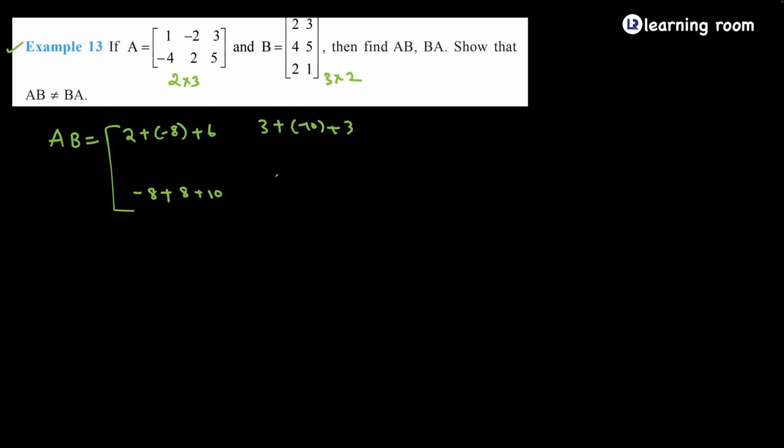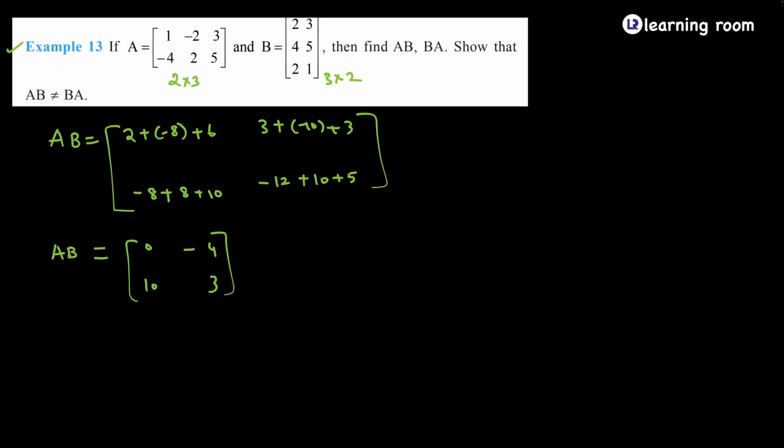What about this one? Minus 12 plus 10 plus 5. So what is the answer going to be? 8 minus 8 is 0. Minus 4. So it is going to be 10. And what about this? Minus 2 plus 5 is going to be 3. Right. So this is going to be the value of AB.